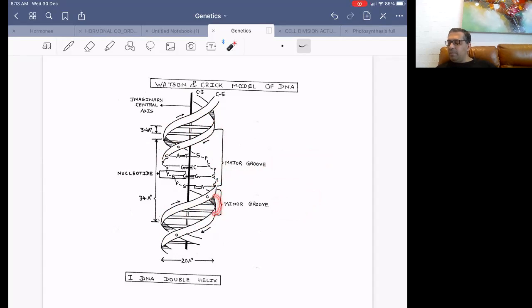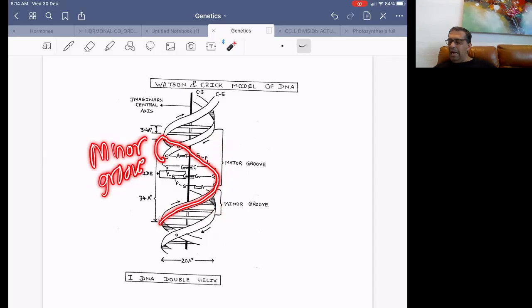Minor plus major is one spiral of one strand. This is one spiral of one strand. One spiral of one strand includes the minor groove and the major groove. This is the distance, minor groove.